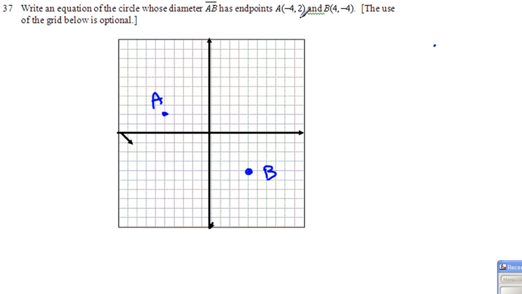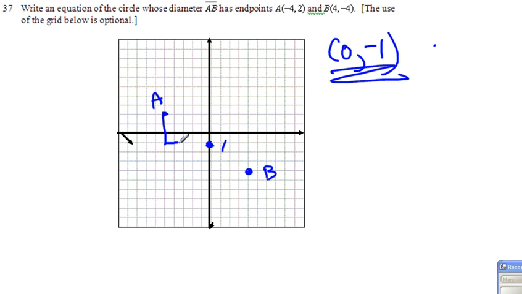Now, our midpoint, which ends up in the center, is the average of these two numbers. So between -4 and then 4, the average becomes 0. Add them up and divide by 2. 2 and -4 will be -1, which will be the center. That means using this one, 0 and then -1, which would have been right over here.